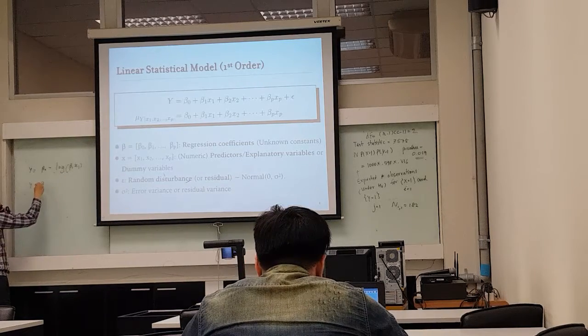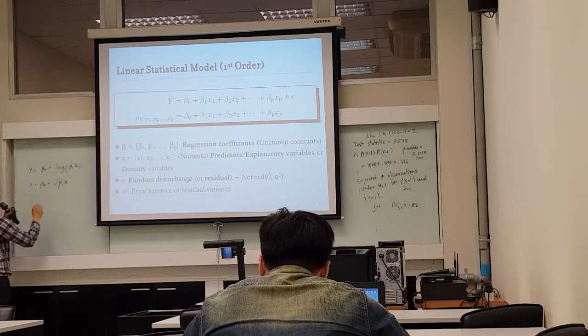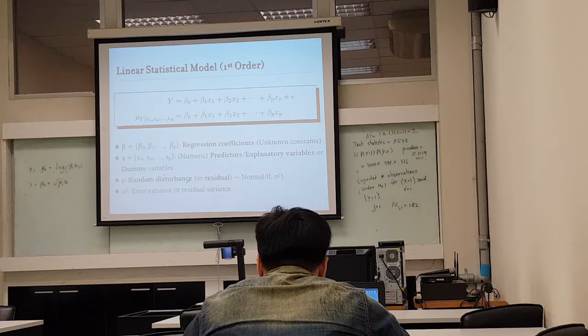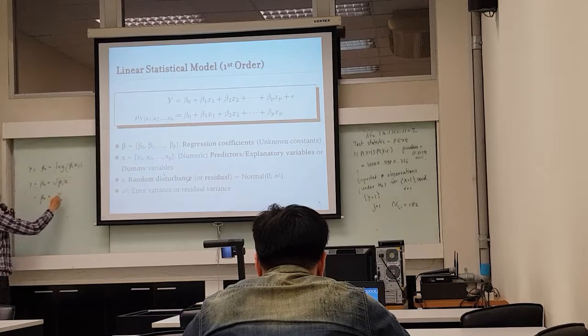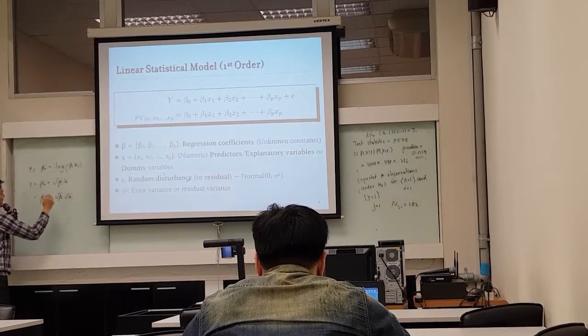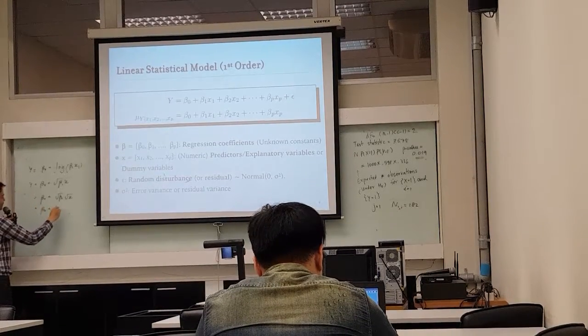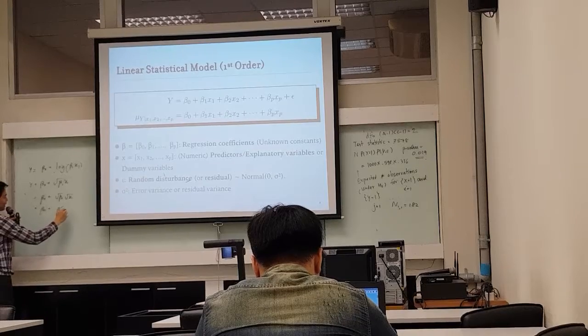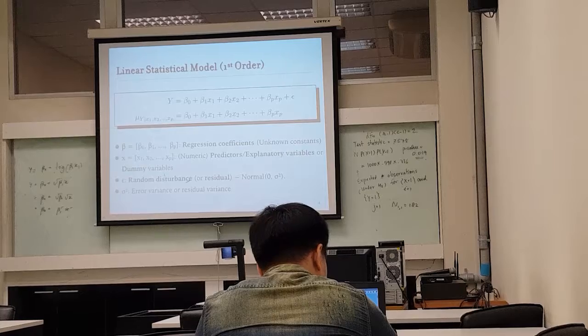Or y equals beta 0 plus square root of beta 1 x. Is this one linear or non-linear? You can write it as the square root of beta 1 defined as a new coefficient beta 1 prime, times x. So it is beta 0 plus beta 1 prime and x, right? It's still linear.